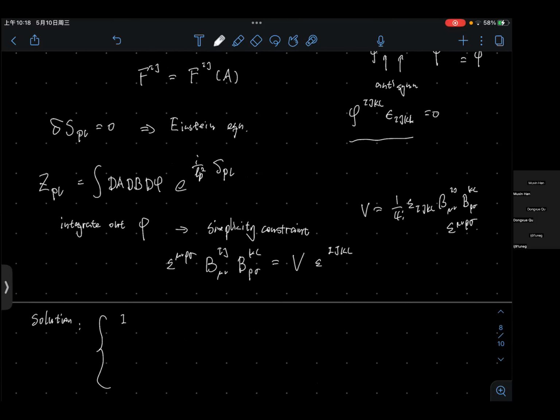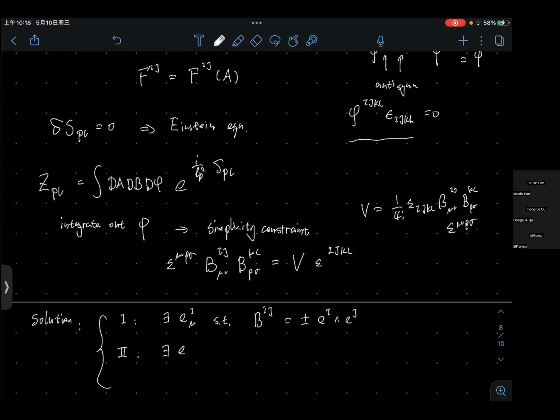Sector 1 just says that there exists a cotetrad field e such that B^{IJ} equals plus or minus e^I wedge e^J. This is the first sector, and the second sector says the same thing.